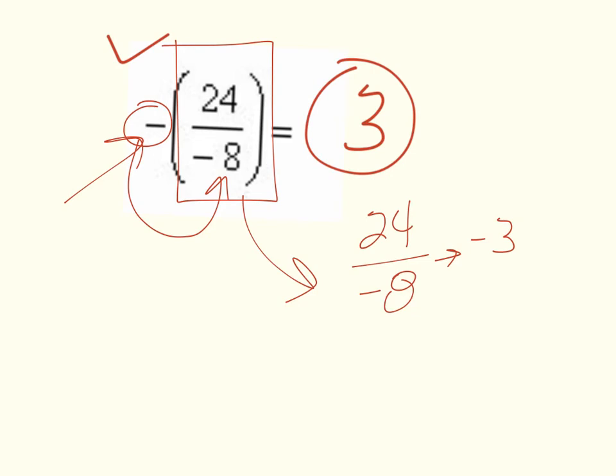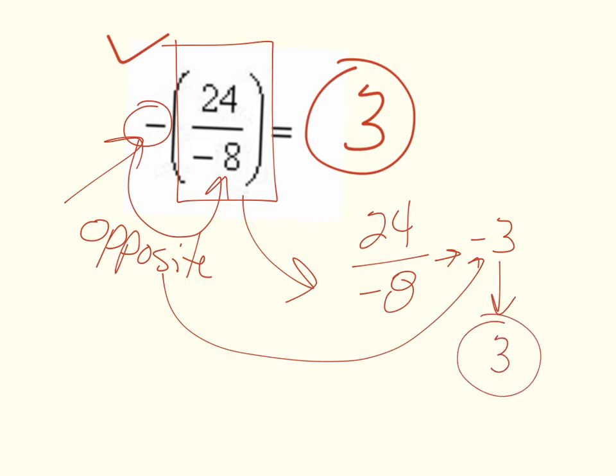But what this negative out here is saying is, what is the opposite of that negative 3? Well, the opposite of a negative 3 is just simply 3, and that's kind of where you look at it. So you're asking yourself, what is the opposite if it's outside of that? Or you can say, even in here, 24 divided by 8 is 3. Well, what's the opposite of that? It would be a negative. So you're looking at what is the opposite of that if there's a negative outside in front of that number.